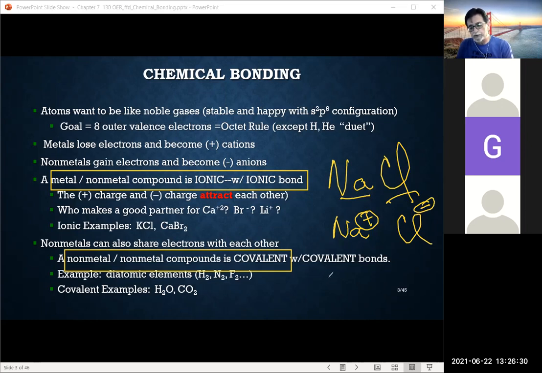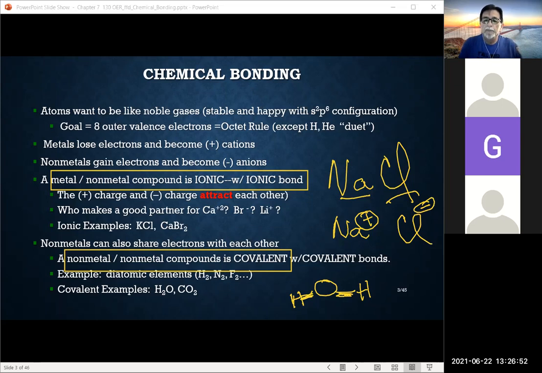Water consists of oxygen, and bonded to the central atom of oxygen are two hydrogens. And we draw a line here. A single line. That single line represents two electrons.